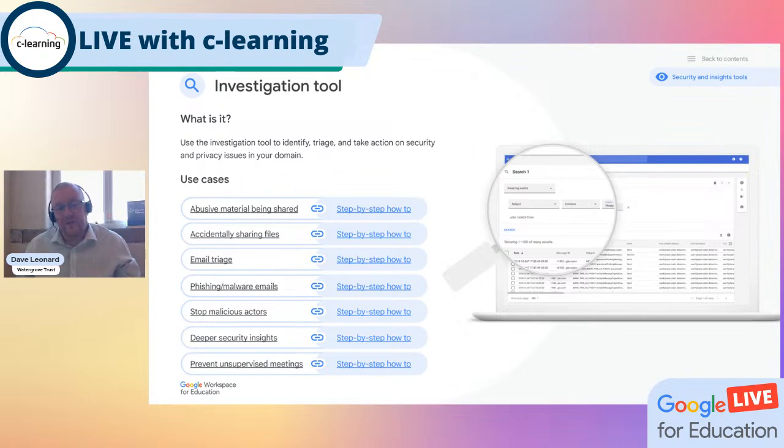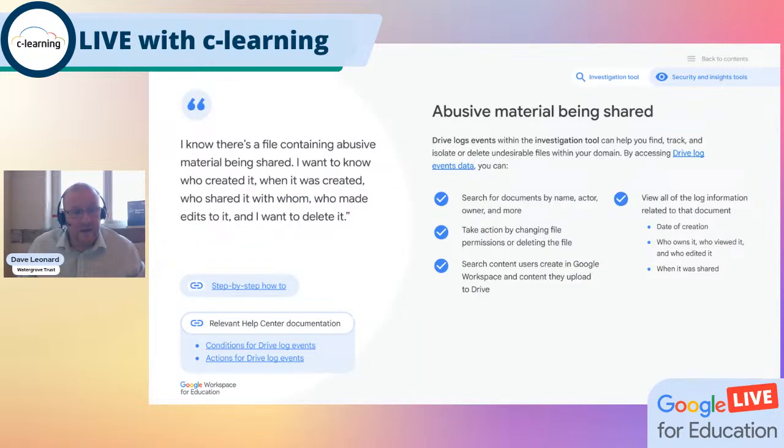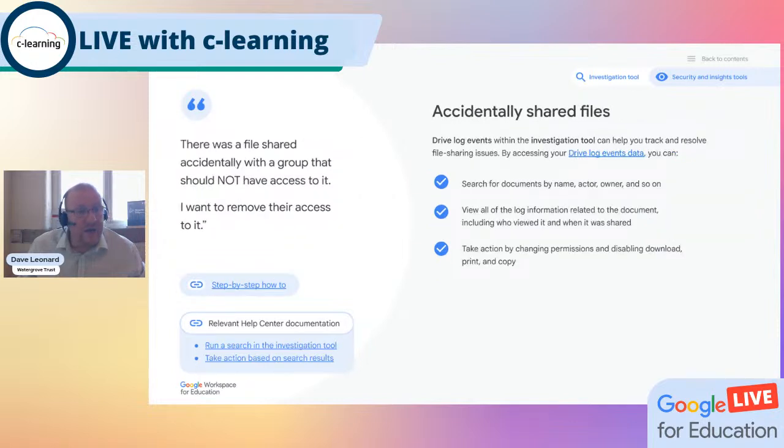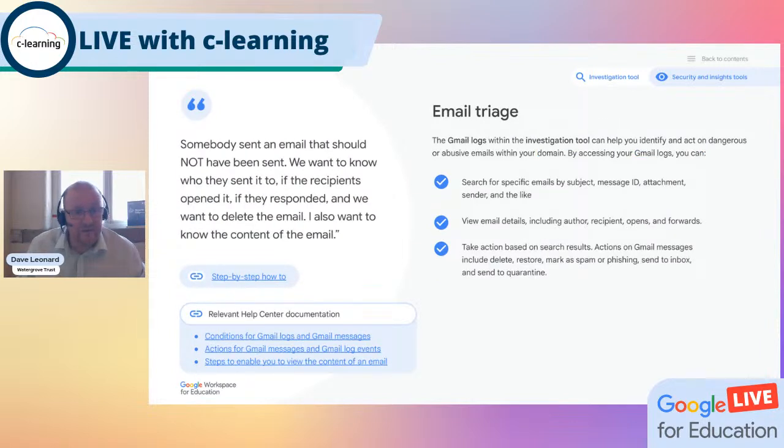And then the other thing, this is the thing for me that is worth the money alone, it's the investigation tool. And the investigation tool allows us to see any abusive material that's being shared, any files that may have been shared outside of the domain accidentally. It allows us to look at triaging emails.